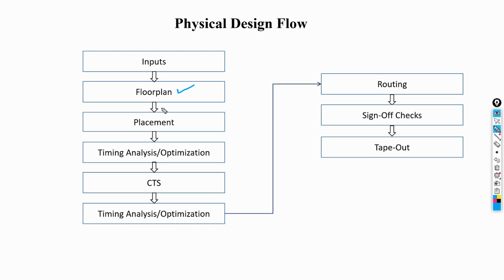Okay, and you need to hook up the power and all of that. And the next step is your placement. There are lakhs and lakhs of cells, the standard cells. So don't think that you would be able to manually place them.